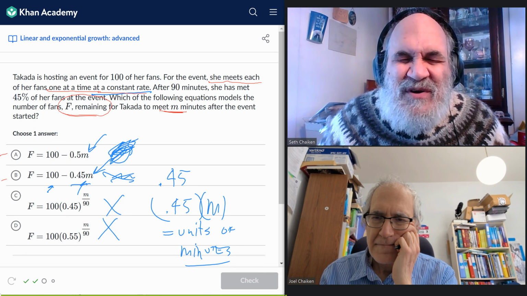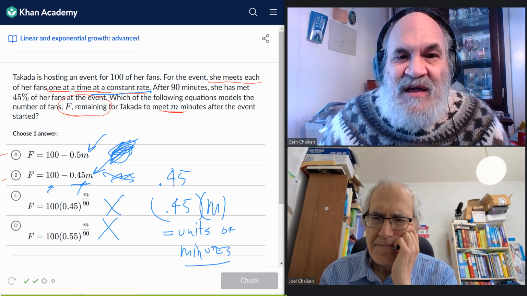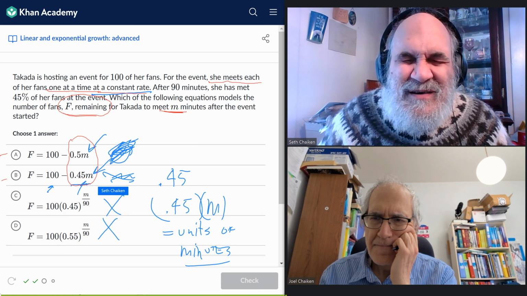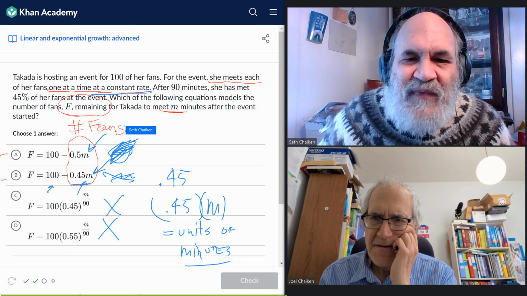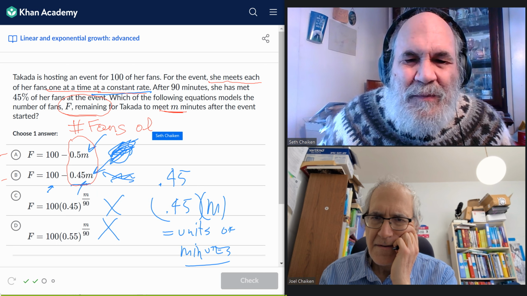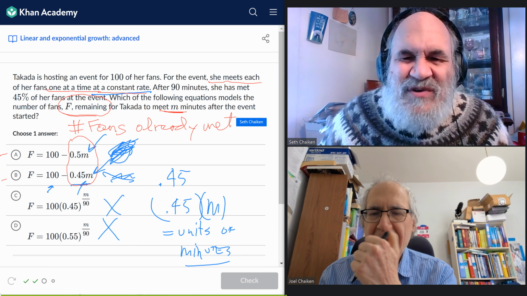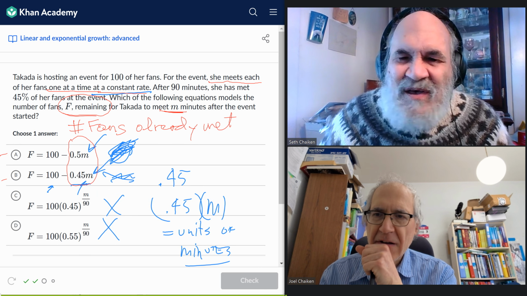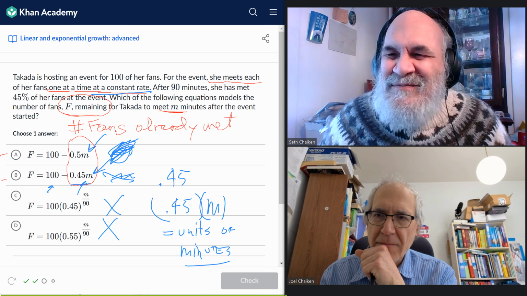The feasible formulas give you the number of fans remaining. And so what is subtracted should be the number of fans already met. Now, since the original number is 100, these numbers of fans are identical to the percentage of the fans.